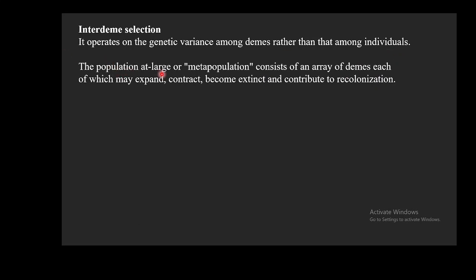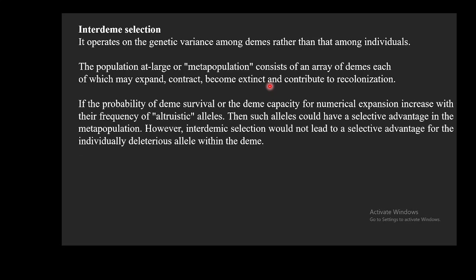As I said before, the population at large is known as the metapopulation, which consists of multiple demes, each of which may expand, contract, or go extinct, and in this way contributes to recolonization. If the probability of deme survival or the deme capacity for numerical expansion increases with the frequency of the altruistic allele, then such alleles could have a selective advantage in the metapopulation. However, interdemic selection would not lead to a selective advantage for an individually deleterious allele within the deme.